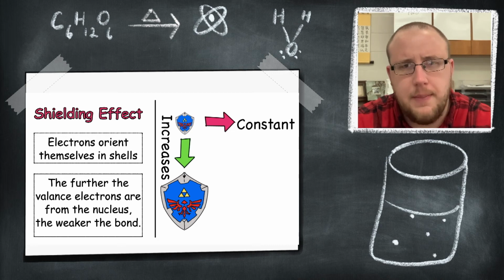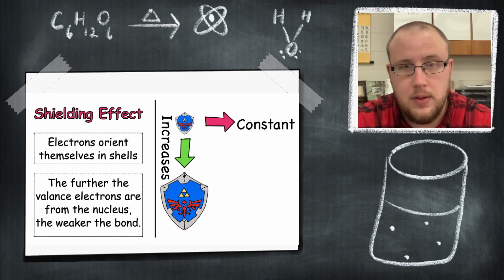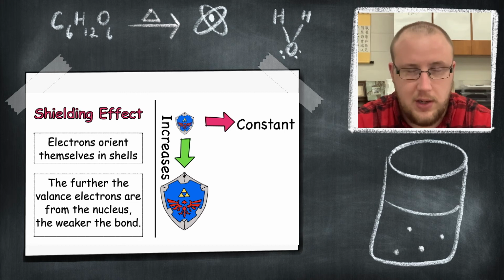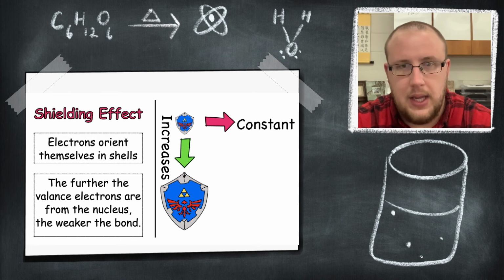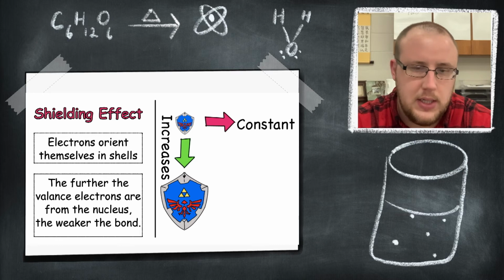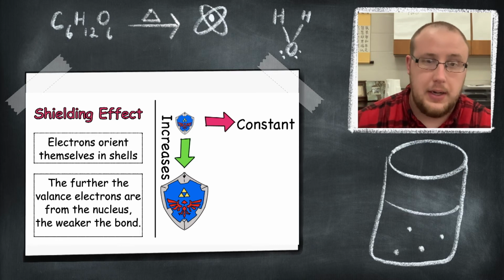So the farther away the valence shell is from the protons, the more shielding there is going to be involved. So what do I mean whenever I say shielding? Okay, we have our atoms, and we have our nucleus in the middle, and we have all these different layers. These different layers have electrons in them. The energy levels have electrons in them, and they are going to interfere between the protons in the middle and the electrons on the outermost valence layer.